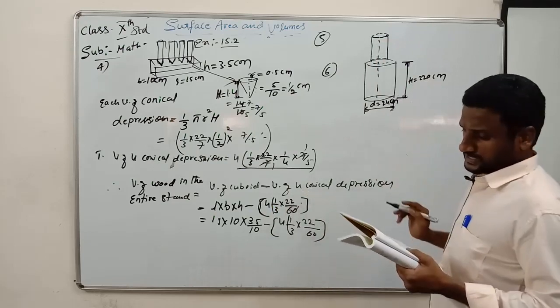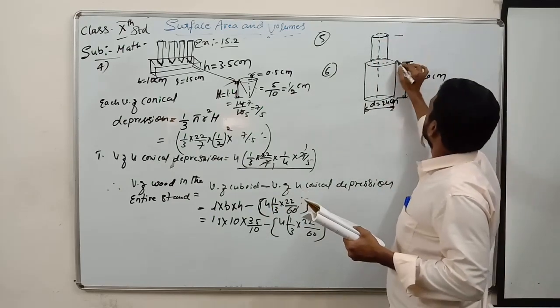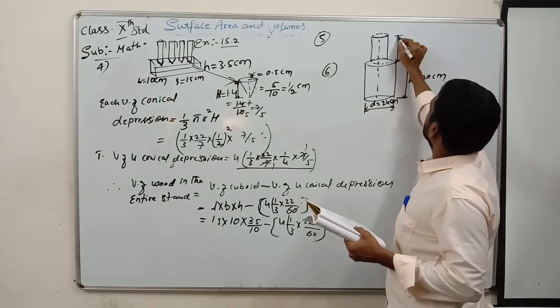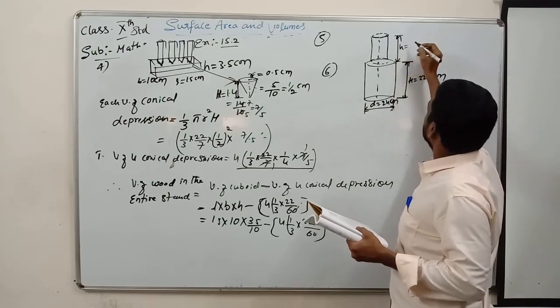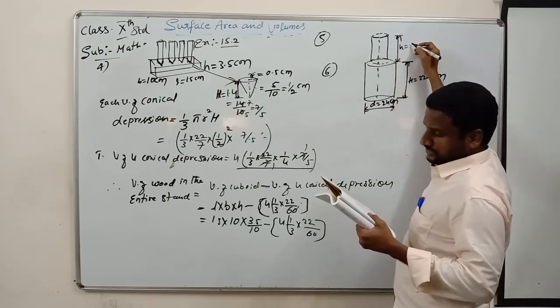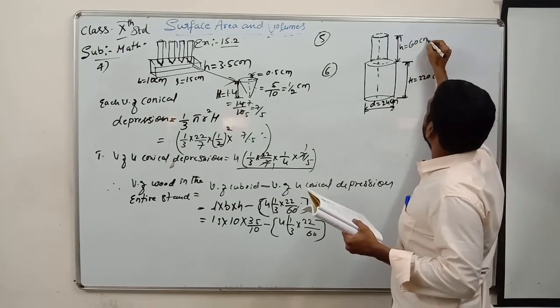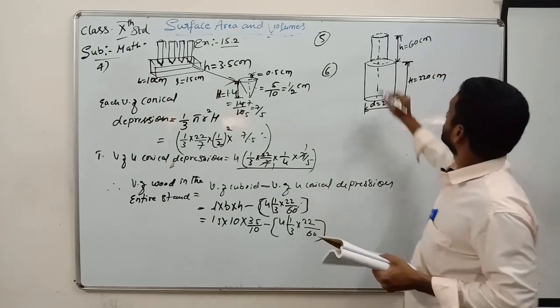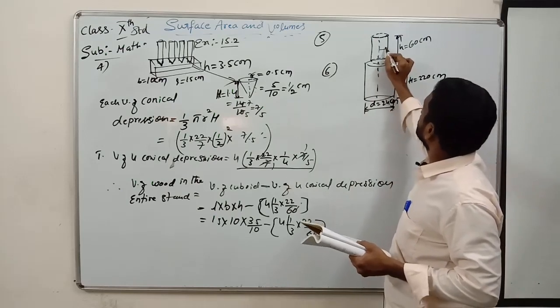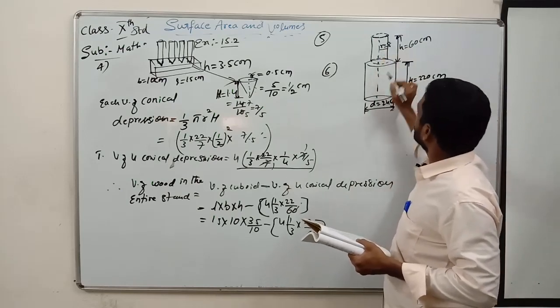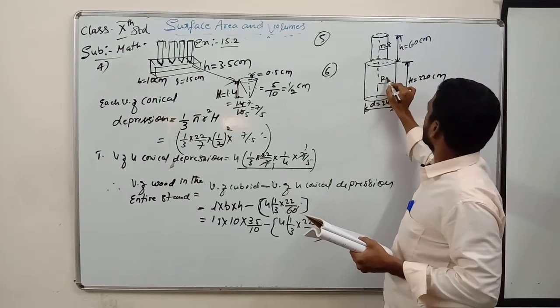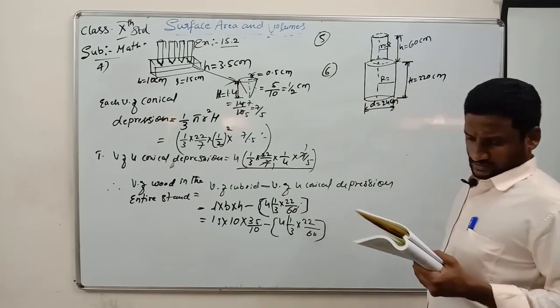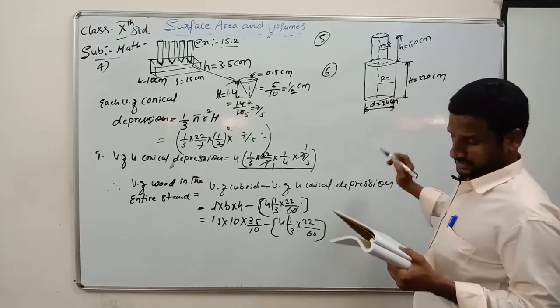Its height is given again: the cylinder height, small h, is equal to 60 centimeter, and the radius, small r, is equal to 8 centimeter. The capital R radius of the larger cylinder is not given here.